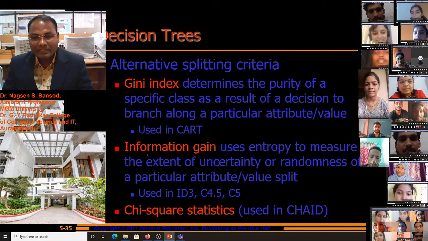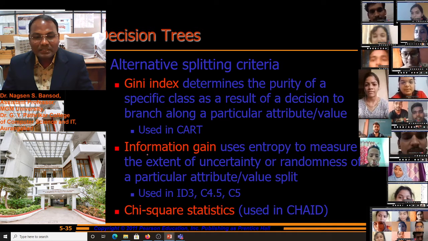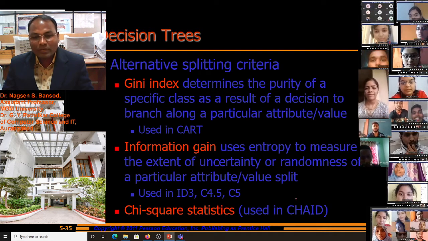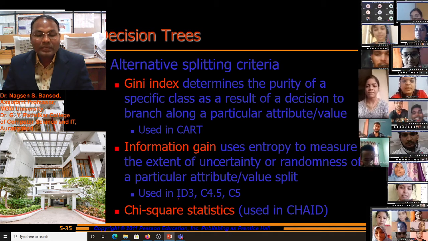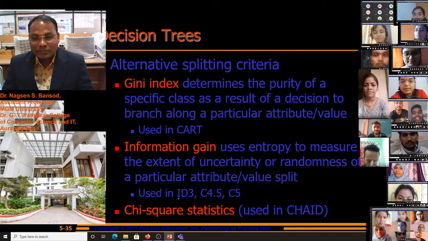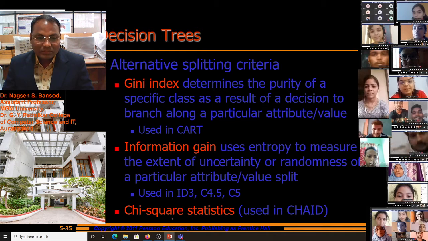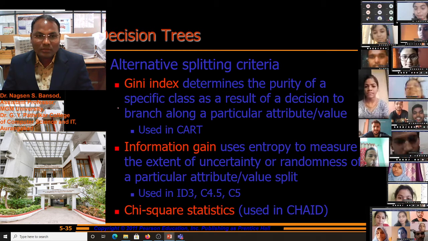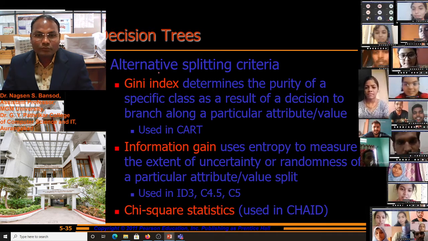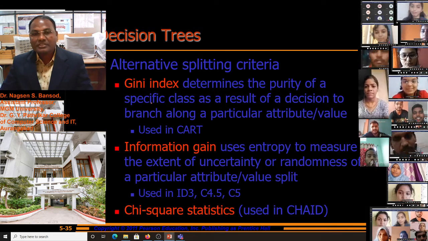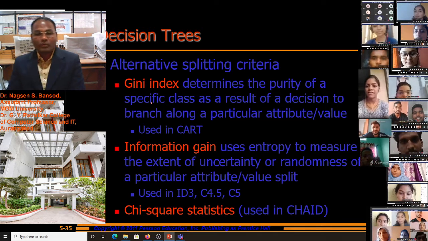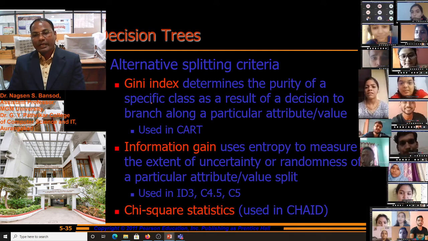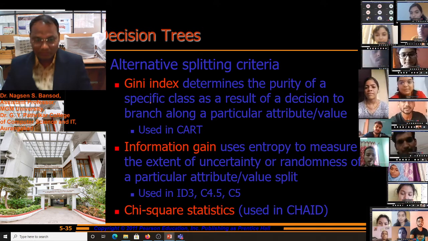And information gain uses entropy to measure the extent of uncertainty or randomness of a particular attribute value split, used in ID3, C4.5 and C5. Chi-square test is used in CHAID. Alternative splitting criteria means Gini index determines the purity of the specific class as a result of the decision branch along the particular attribute value, used in CART.